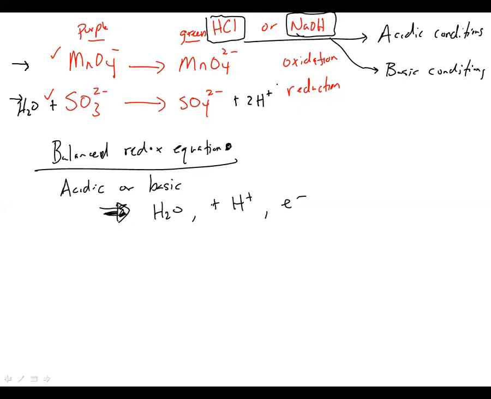Then you need to add your electrons and all those steps that we talked about at the beginning of this chapter. So in part 2, when you go to balance these redox equations, you're going to need to balance them in either acidic or basic conditions. And that's really determined by whether they added HCl or sodium hydroxide. Any questions on that there?